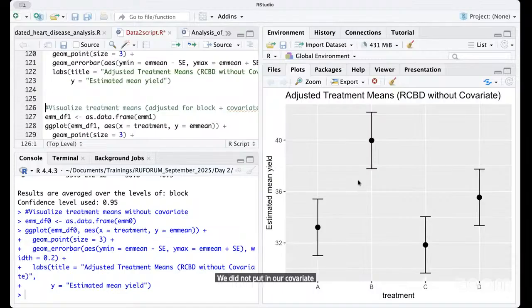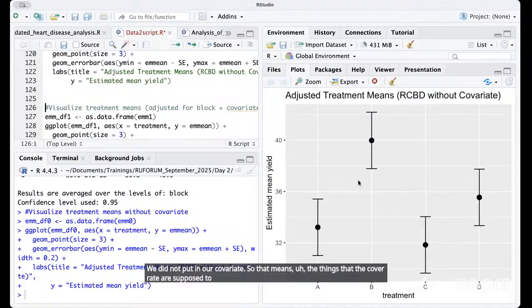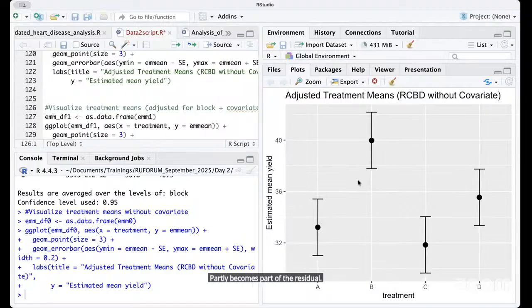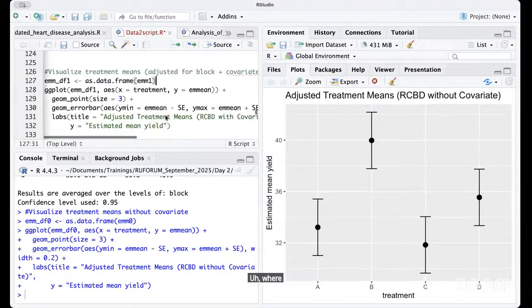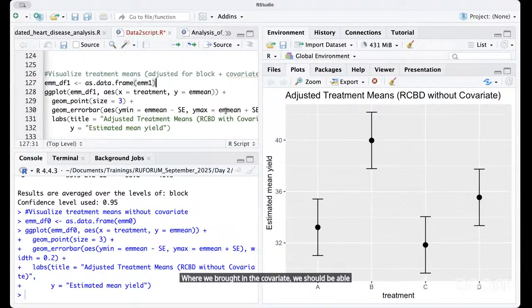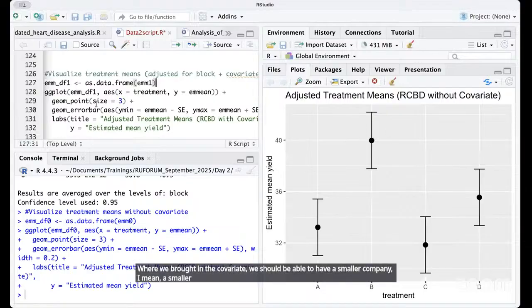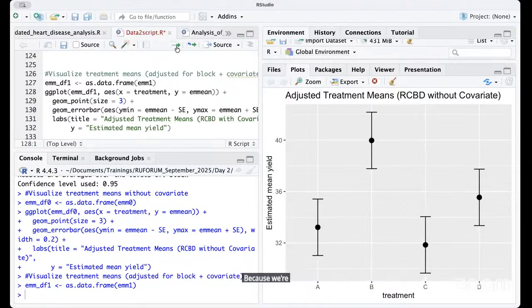That means the things that the covariate is supposed to explain partly become part of the residual. So in the second model, where we brought in the covariate, we should be able to have smaller error bars, because we're supposed to have higher precision.